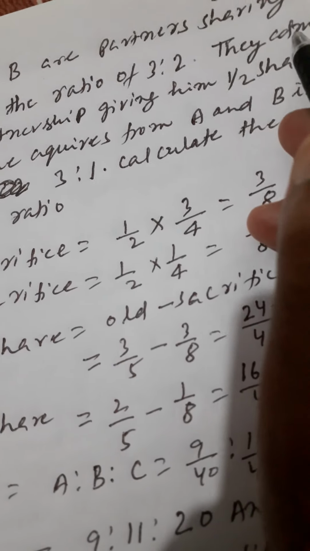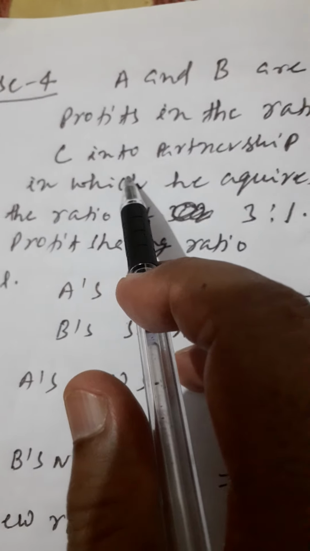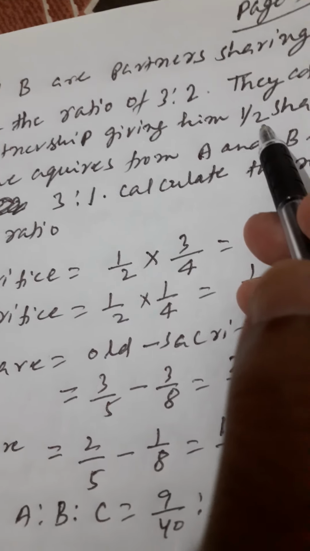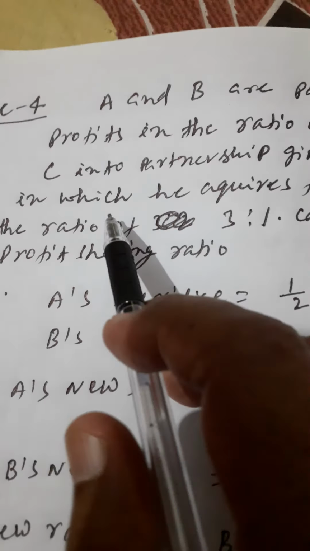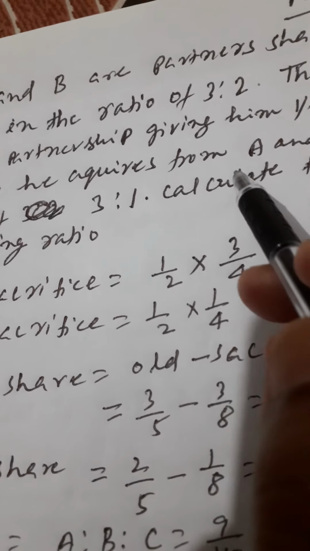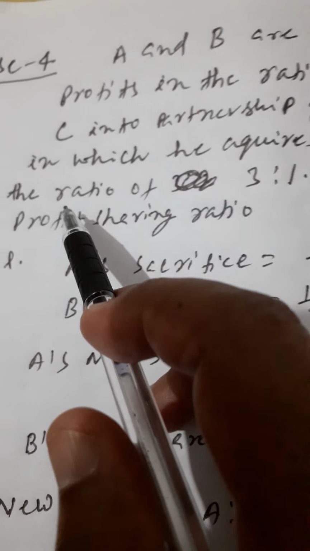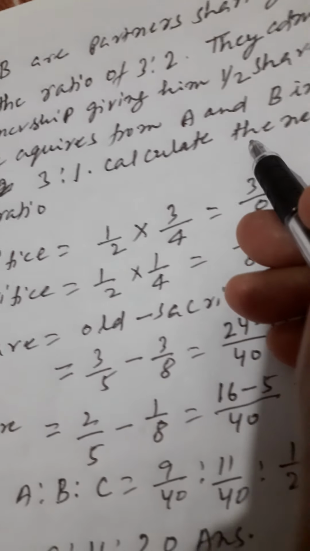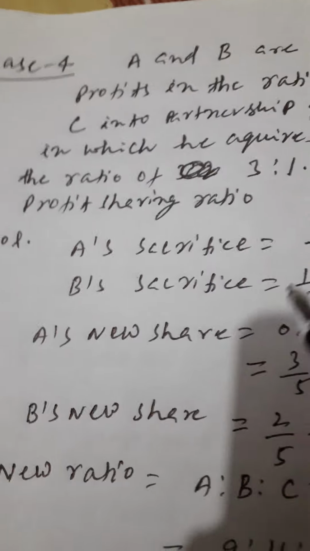They admitted C into partnership, giving him 1/2 share, which he acquires from A and B in the ratio of 3:1. Calculate the new profit sharing ratio.